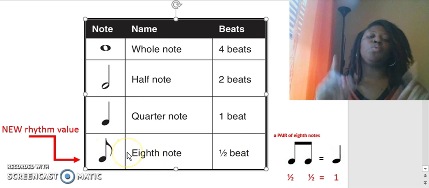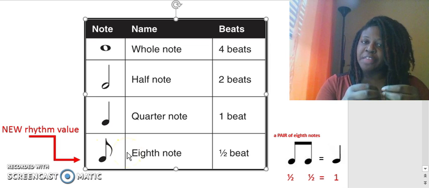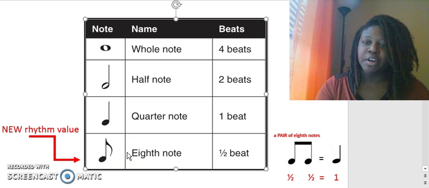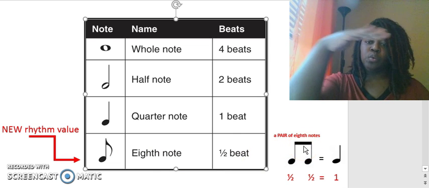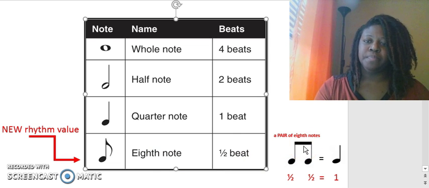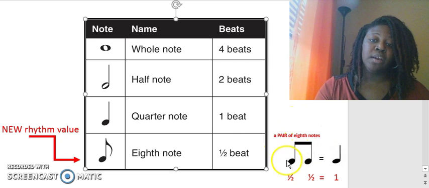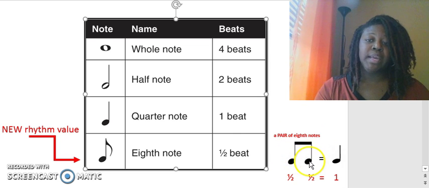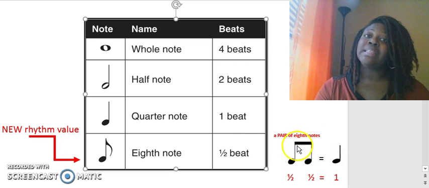And if we take 2 8th notes and put them together, so we're putting that cookie back together, they get attached at the top with something called a beam. Here we have a pair of 8th notes. Here's an 8th note, here's another 8th note, and they are connected at the top.